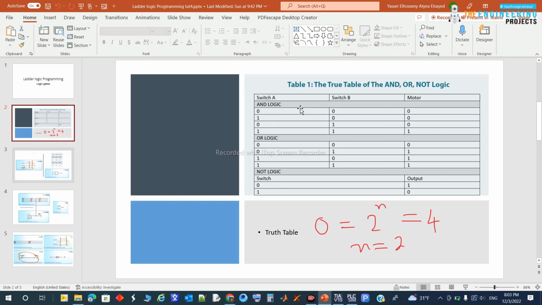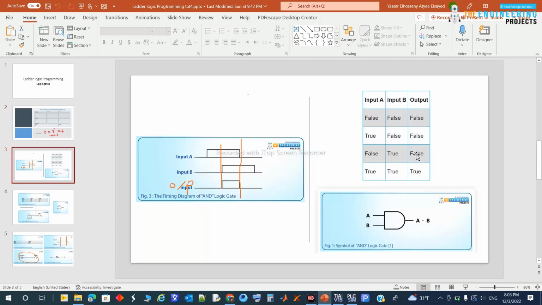For the AND gate, you can see the AND gate symbol on the left, with inputs A and B. The output represents A dot B, or A and B. From its name, it's an AND gate, so to have the output running, both inputs A and B must be on.